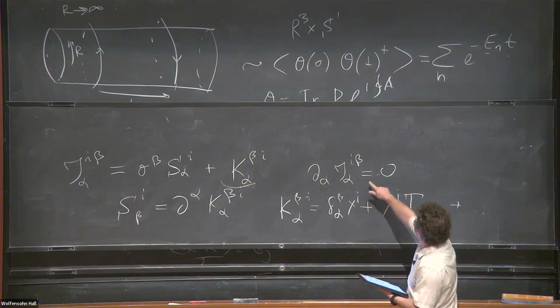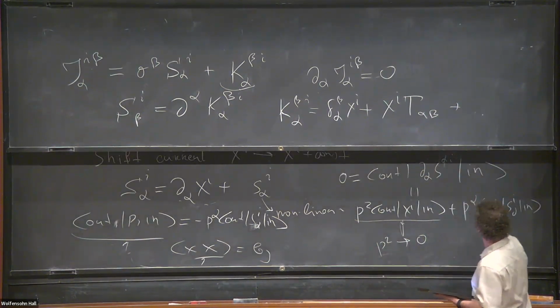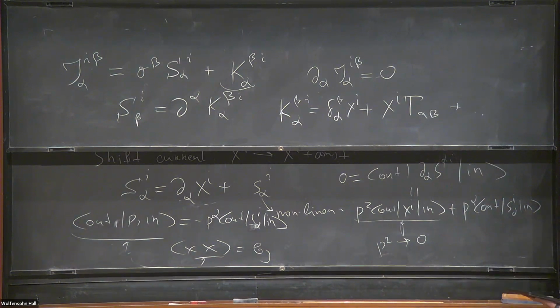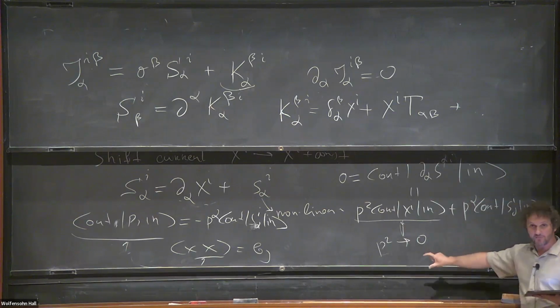So with this extra knowledge, we can look at this relation which we had here, and we conclude that, because this S here is itself a derivative, this on-shell amplitude is not just soft, but it's double soft.